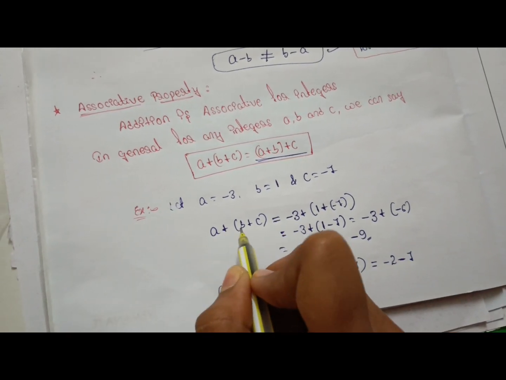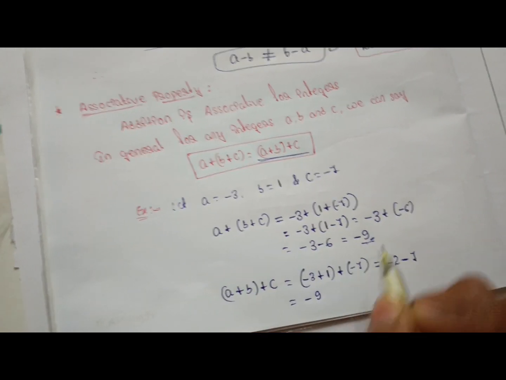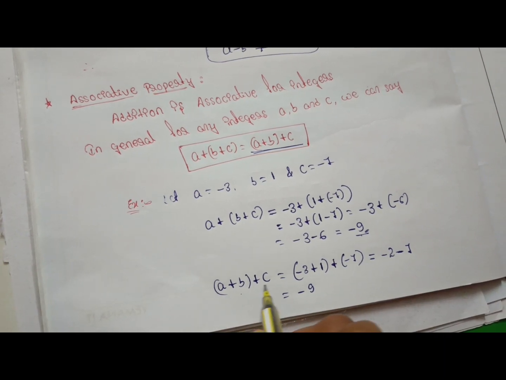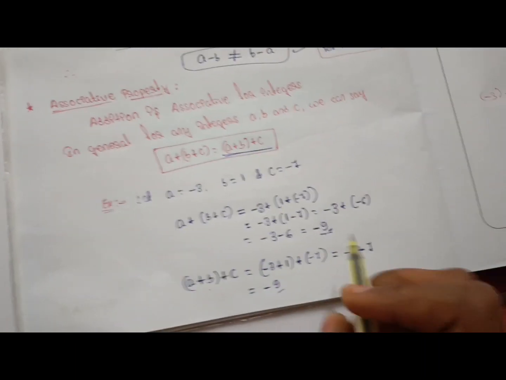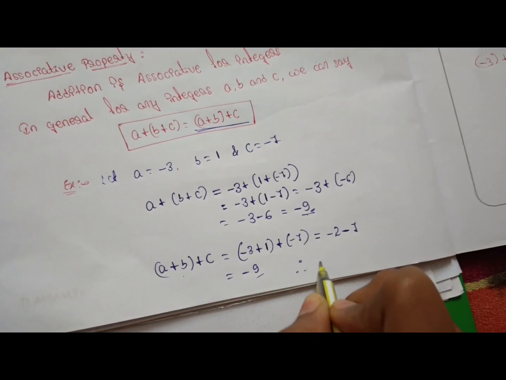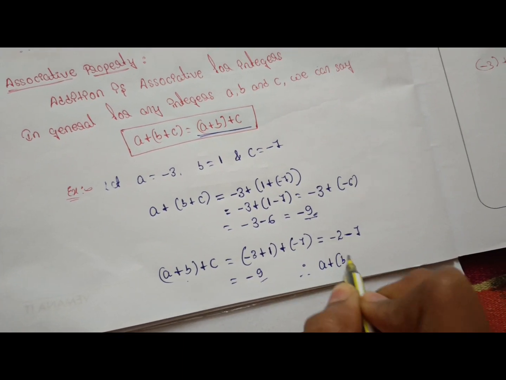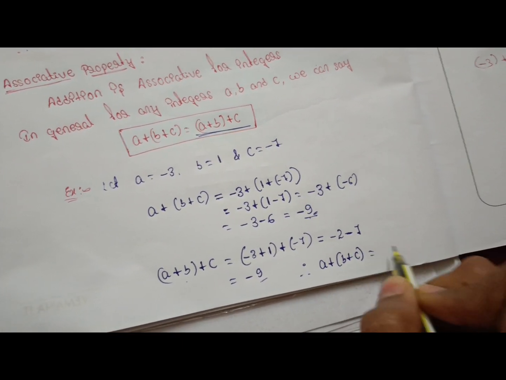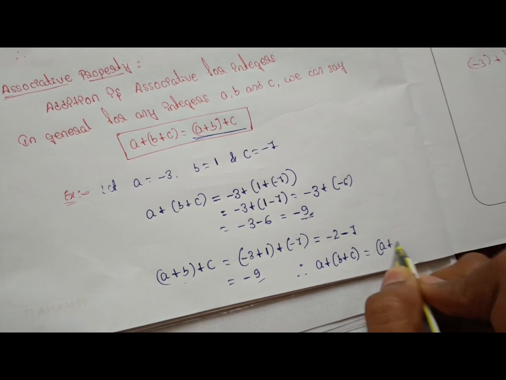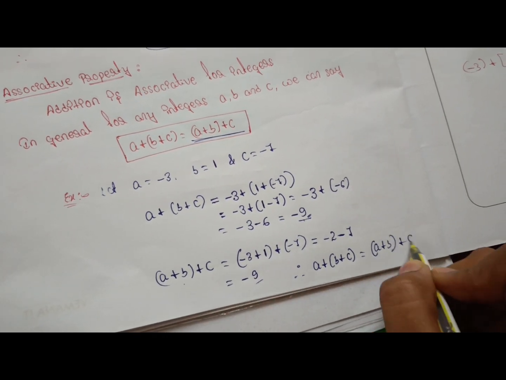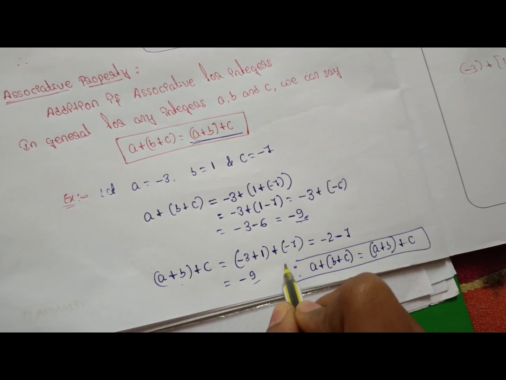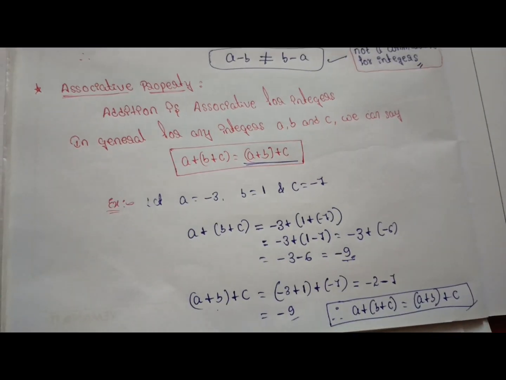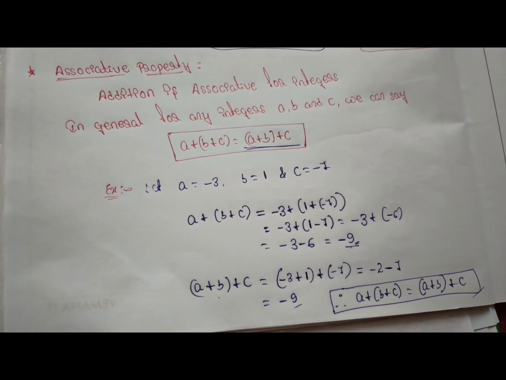So A plus B plus C is equal to minus 9 and A plus B plus C is equal to minus 9. So we can conclude that A plus bracket B plus C close the bracket is equal to open bracket A plus B plus C. So this property is satisfied for integers.